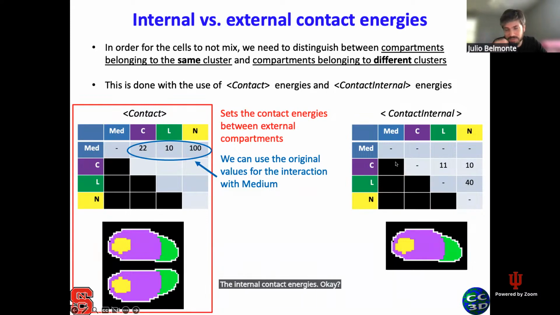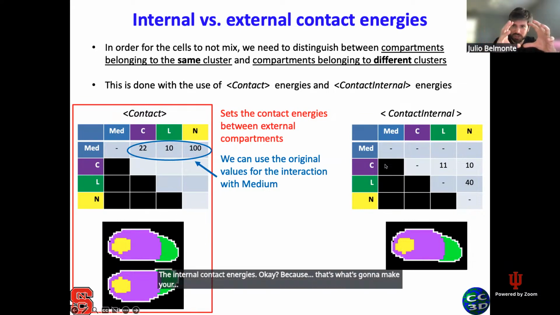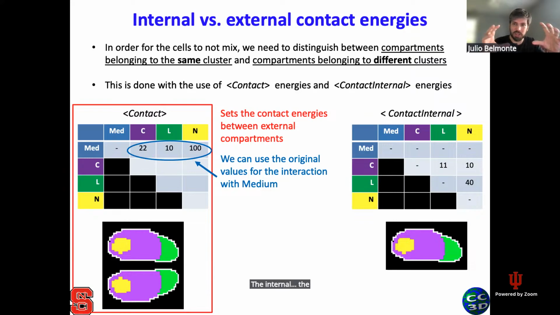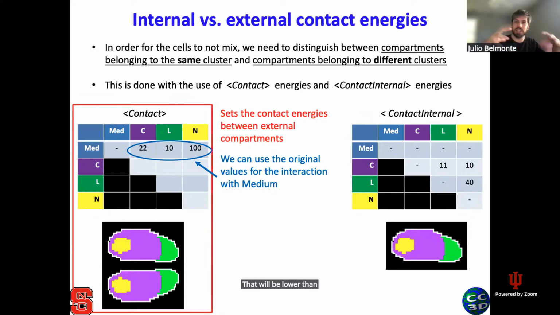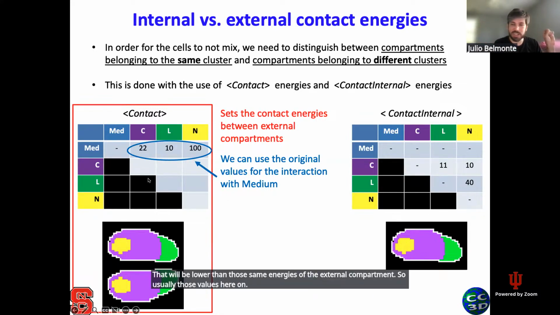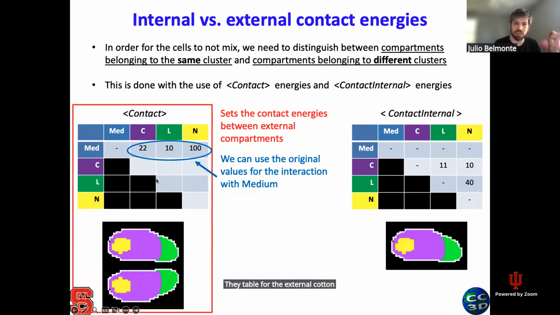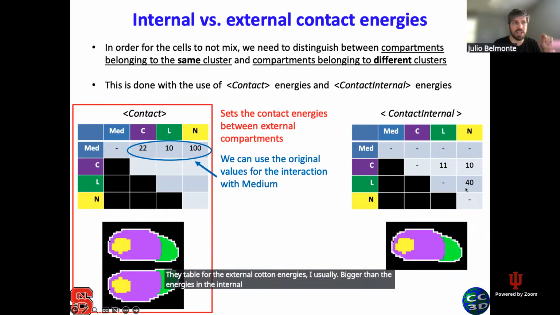Because that's what's going to make your cell cohesive, right? The energies between the internal compartments usually have to be lower than those same energies between the external compartments. So usually those values on the table for the external contact energies are bigger than the internal contact energies, unless you want to have two compartments that never touch each other.